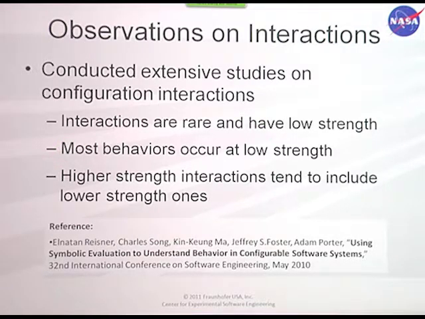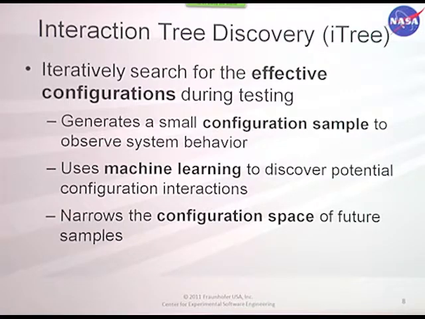So based on these observations, we created a new algorithm called interaction tree discovery, or iTree for short. This iTree approach uses an iterative strategy to search through the configuration space for the effective configurations during testing. During the first iteration, it will generate a very small configuration sample using various different types of techniques to observe system behavior in general.